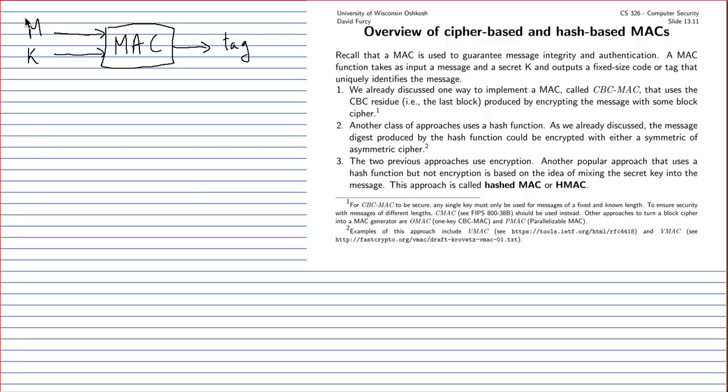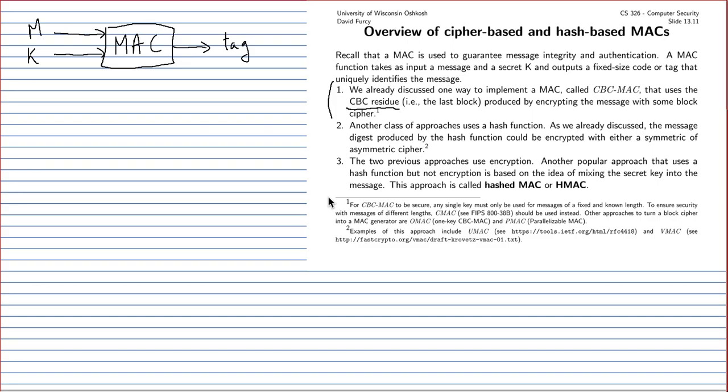So we discussed several approaches in the past, one of them being the idea of encrypting the message with a block cipher in CBC mode and then sending the last encrypted block, or the so-called CBC residue, as the authentication tag. Now, it turns out we have to be careful about this approach, which is called CBC MAC. It has some issues.